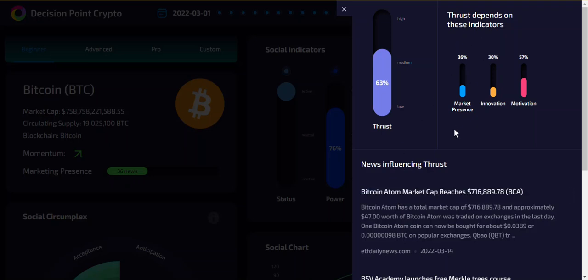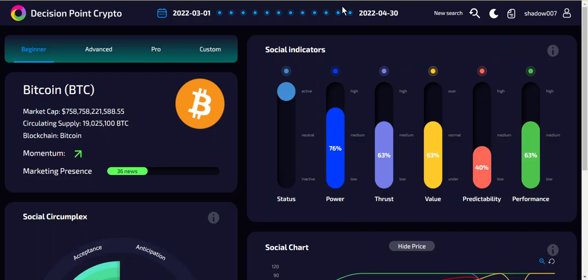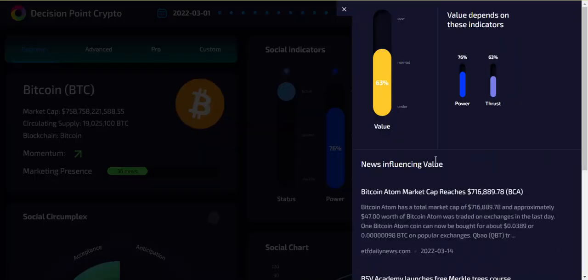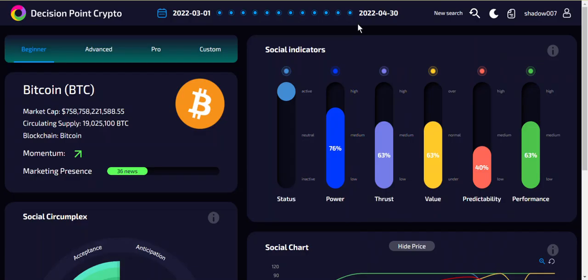Thrust depends on these indicators: market presence, innovation, and motivation. I think we looked at that before. The value depends on these indicators: power and thrust. So as you look at the power of the coin as well as the thrust of the coin, you get a combination of what these two mean to it.